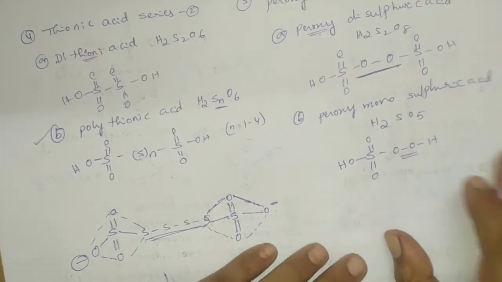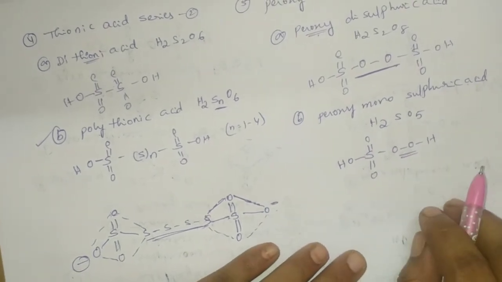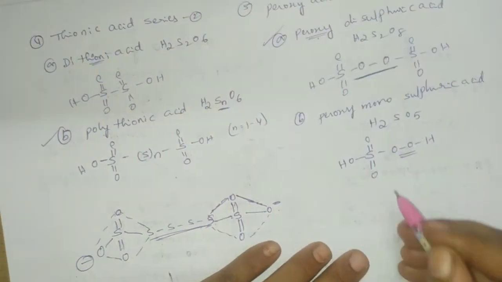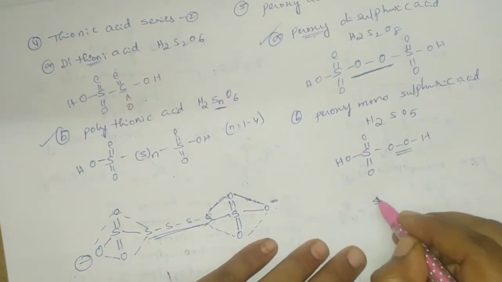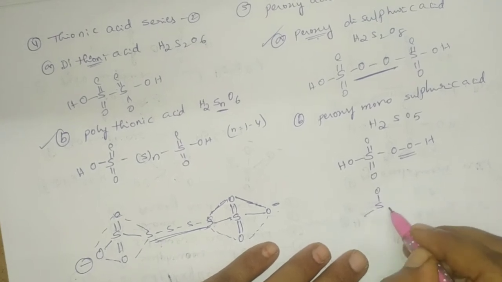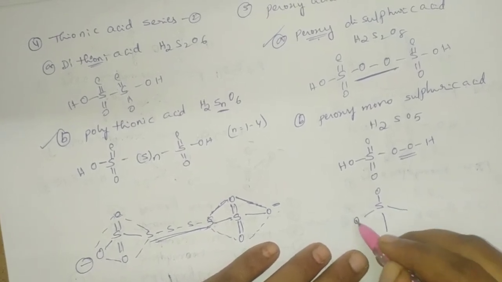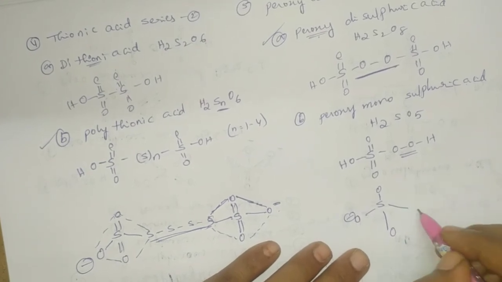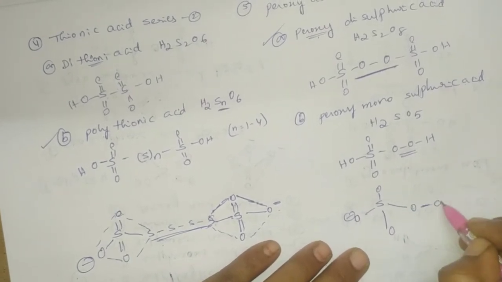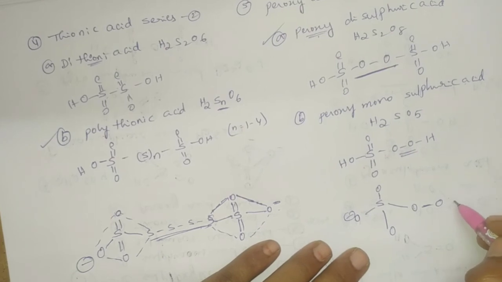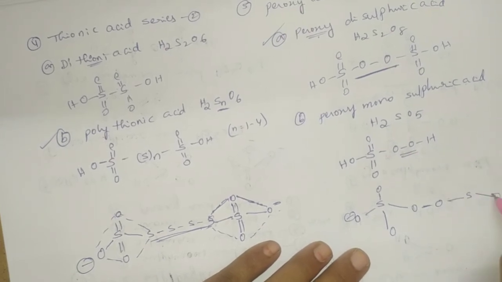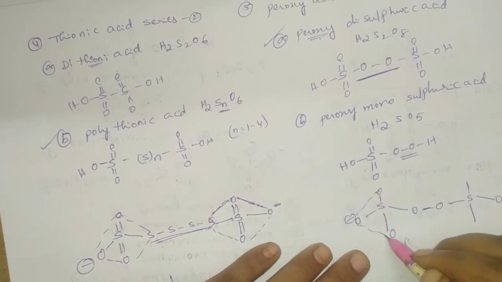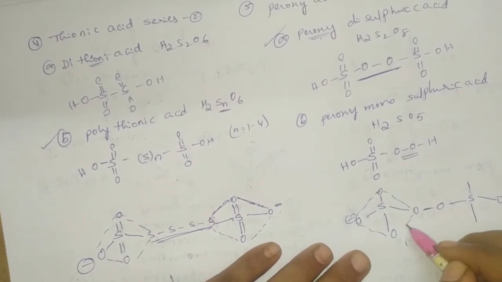Okay, here is the structure of peroxy linkage. So here peroxy linkage A. So here sulfur, oxygen, loss of hydrogen, O, O, OO linkage, S. Okay, imaginary line, draw the imaginary line.